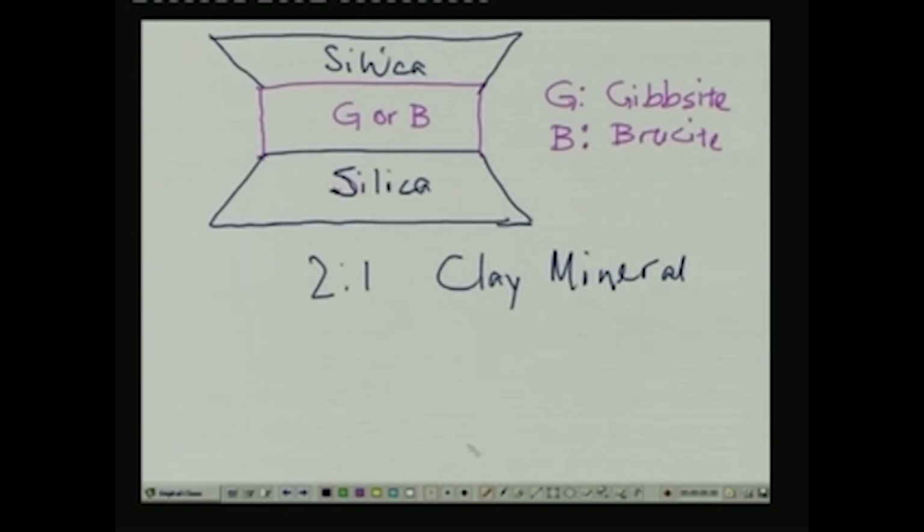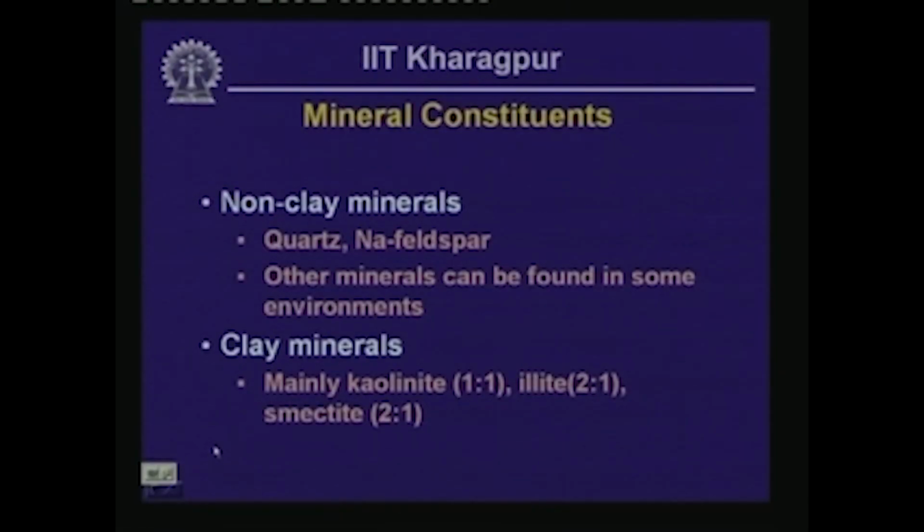And now these basic units are going to be interlinked to other grains by covalent or other types of bonding, which we will examine in detail when we talk of clay minerals in one of the future presentations of this course.